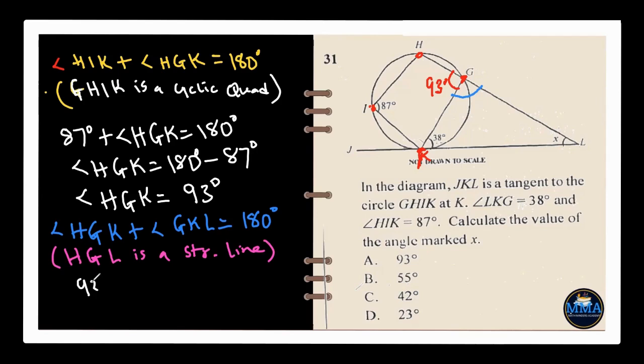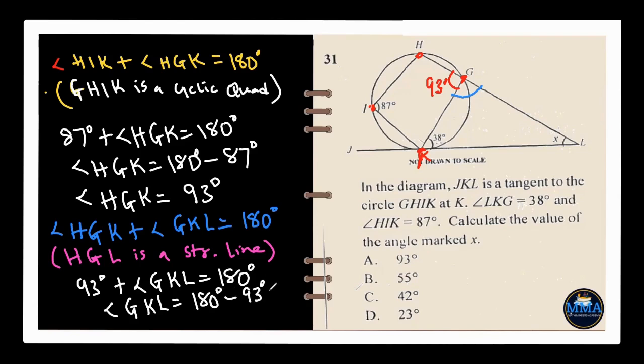So we take 93 degrees plus angle GKL equals 180 degrees. So angle GKL is 180 degrees minus 93 degrees. That will give us 87 degrees. So let's go and mark it also in the diagram. So this angle is 87 degrees.